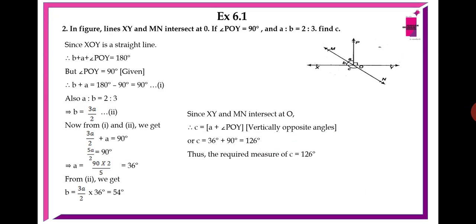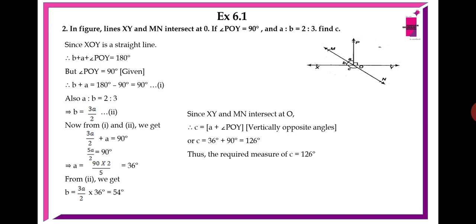Now we are going to start exercise 6.1 with the second problem. In the figure, lines XY and MN intersect at O. If angle POY equals 90 degrees and a:b equals 2:3, find c. Here we should find the value of c.